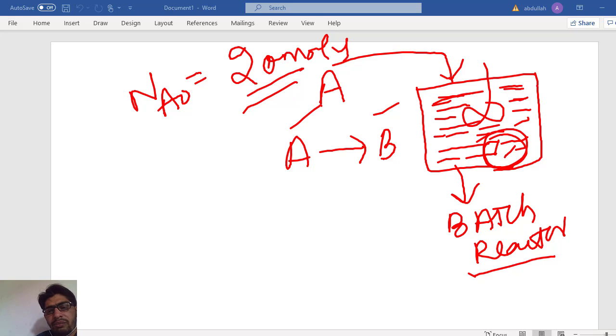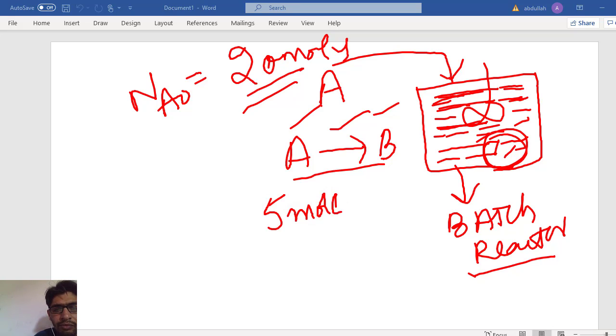After a certain time, the reaction took place, and in the reaction 5 mole of A was consumed or converted into product.